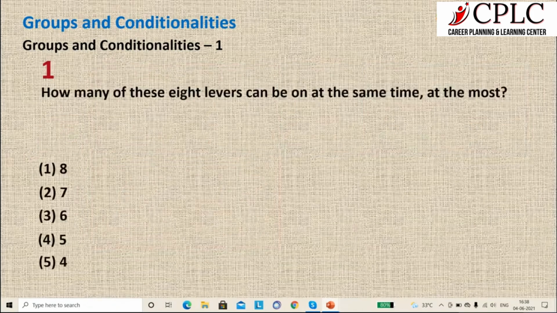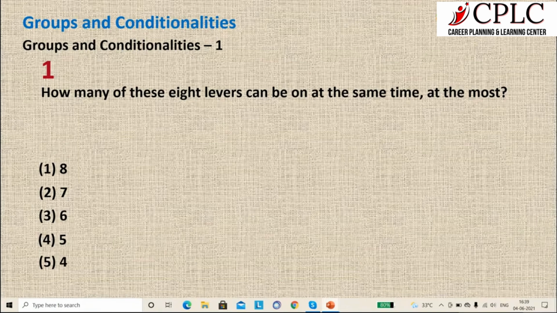Move to the question. How many of these 8 levers can be on at the same time at the most? Now, at the most means maximum. So the question is, maximum how many levers can be on at the same time out of these 8 levers? So now we have to keep the maximum levers on.